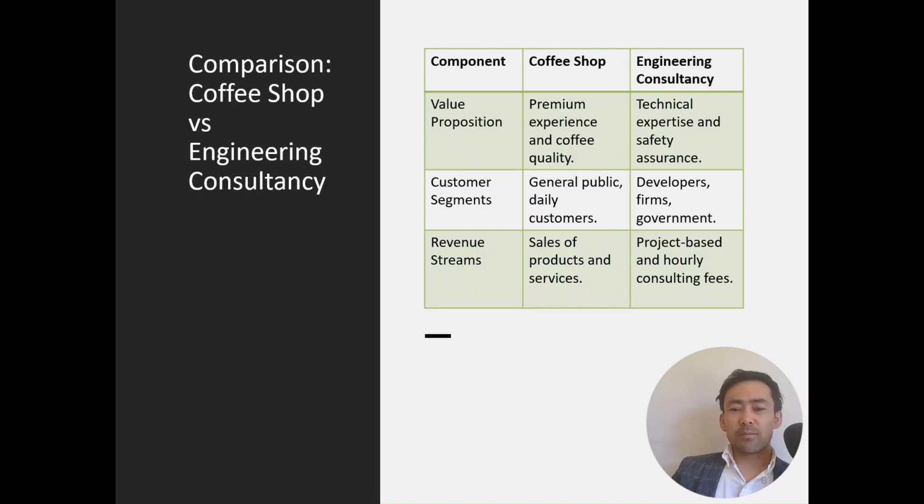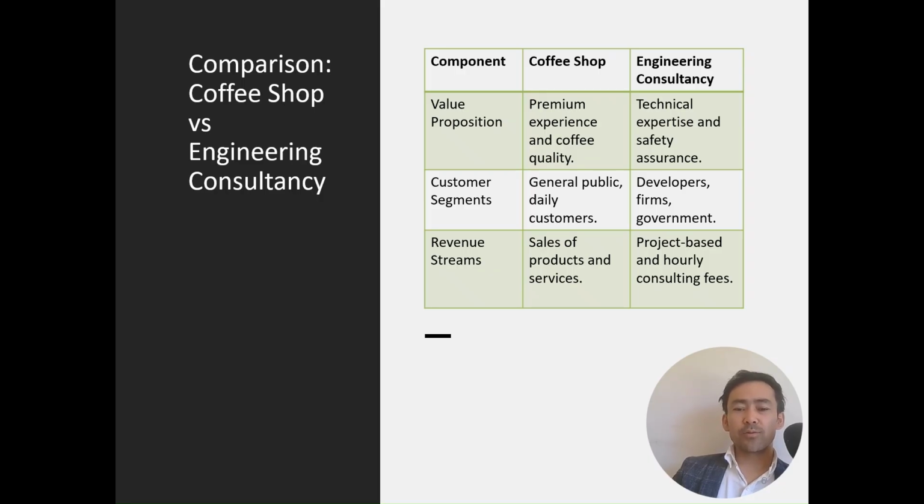The customer segments of a coffee shop would be the general public, daily customers, as we said, it could be students or tourists, for example. And the customer segments of an engineering firm are maybe developers, other firms, governments, builders, or homeowners.